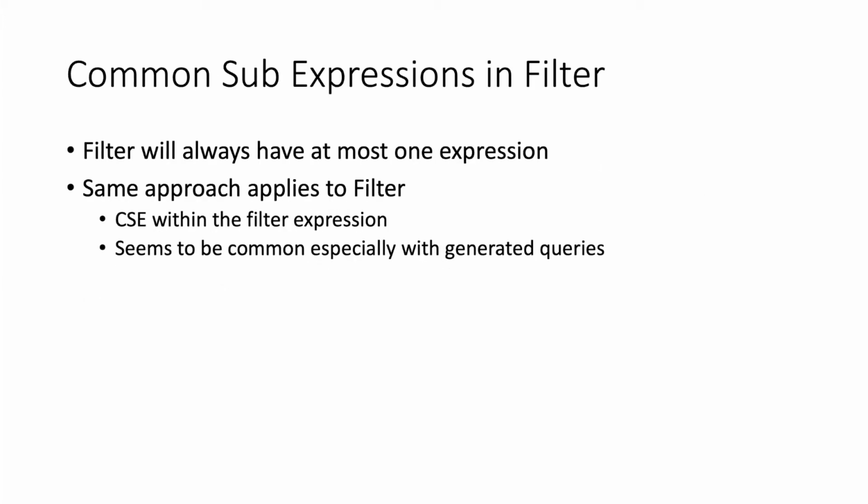Obviously, common sub-expressions don't just exist in projections. They also exist in filters. One simple example is x plus y is larger than 10 and smaller than 100, where that x plus y might be repeated twice.